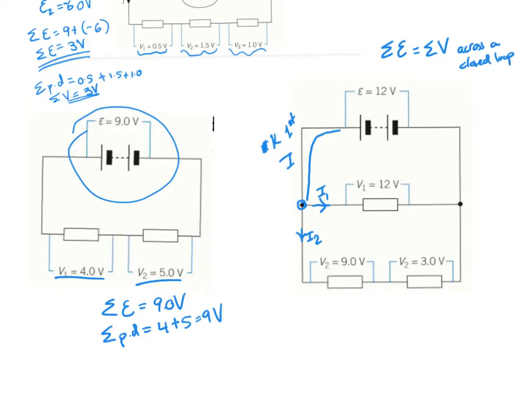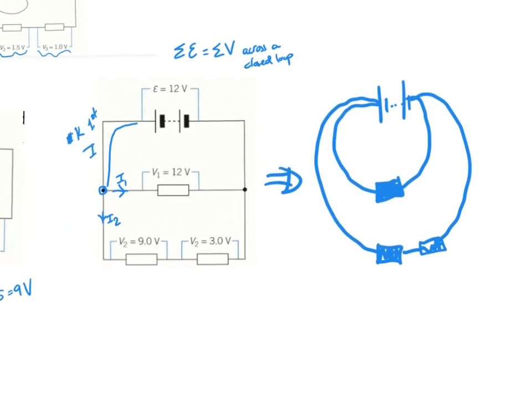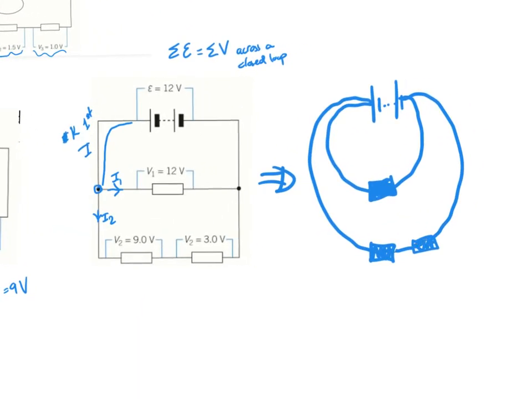If I redraw this diagram to make it look a bit simpler, what you have is one loop and you also have another loop. So basically it's the exact same circuit as the one drawn properly, not my messy one. These two circuits are exactly the same.